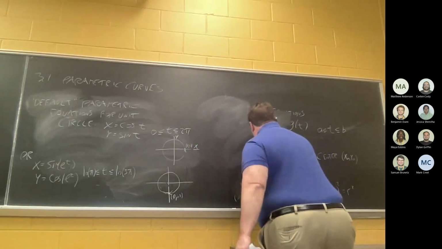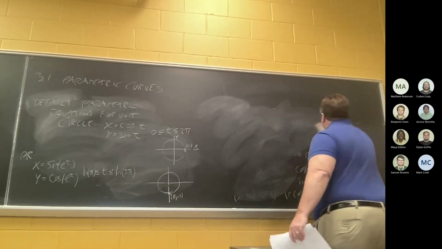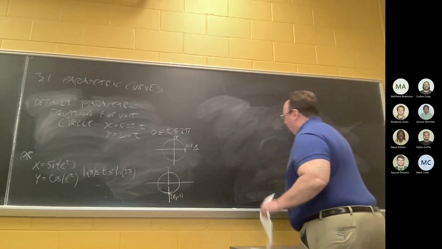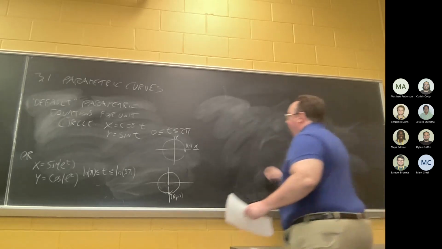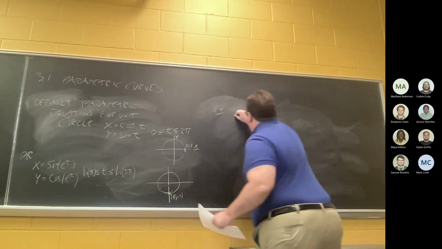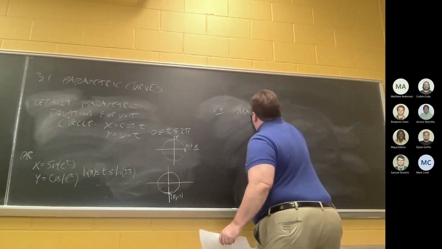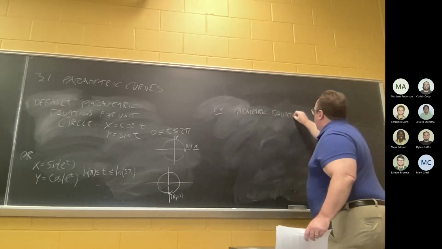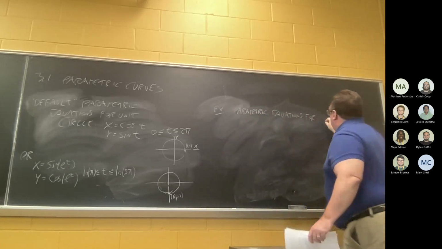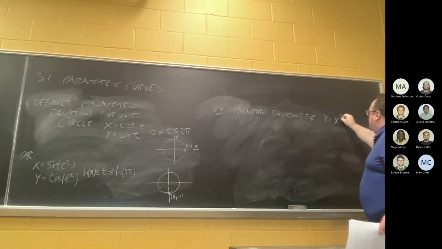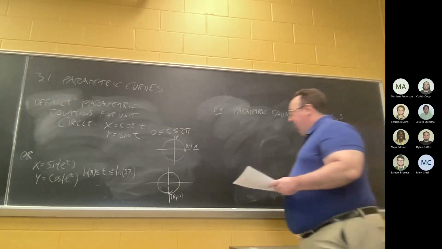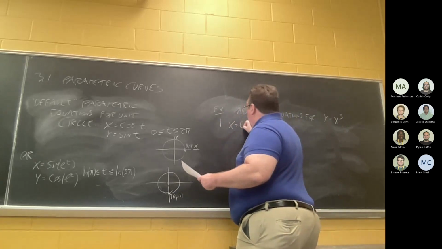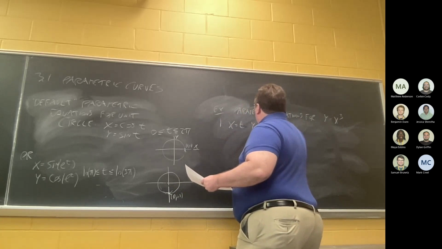Here's another example of 3 sets of parametric equations that describe the same curve, same function: y equals x cubed. First one, x is equal to t, y is equal to t cubed.